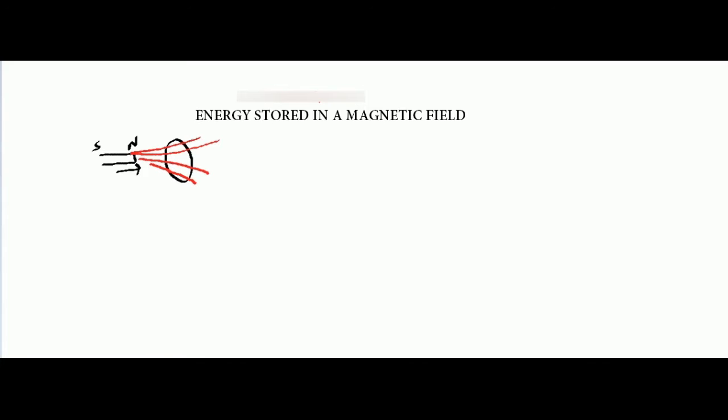We know that if there is a rate of change of magnetic flux through a wire, then there is an EMF induced, and the EMF induced will be in this direction. Agreed? So there is an EMF induced, and as a result there is a current flowing.